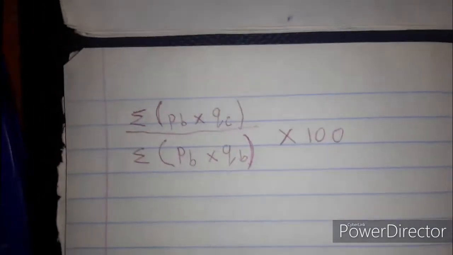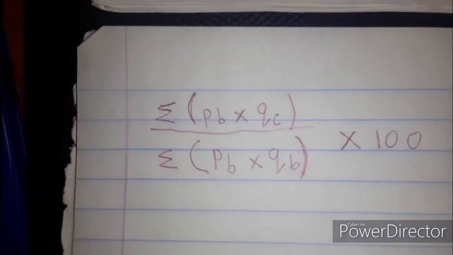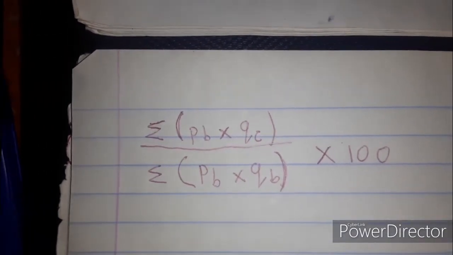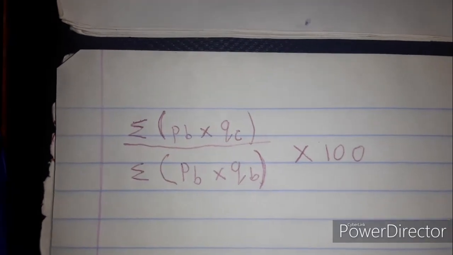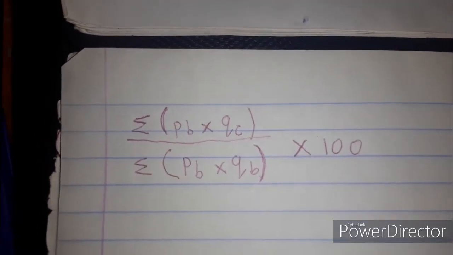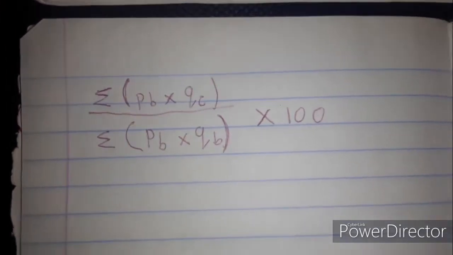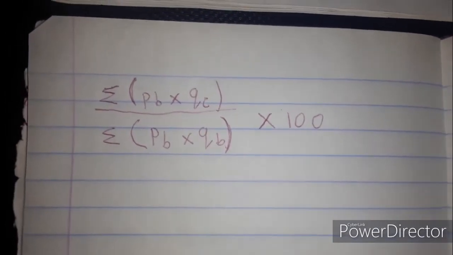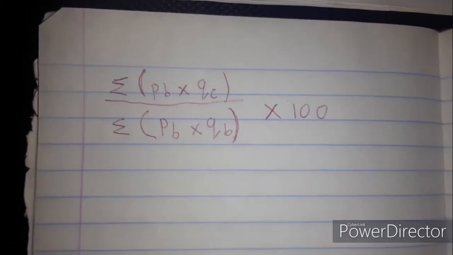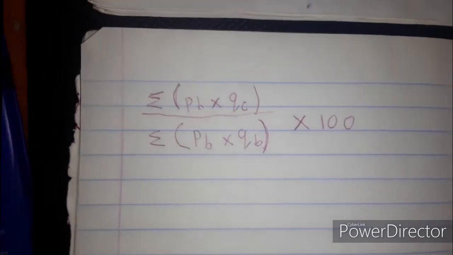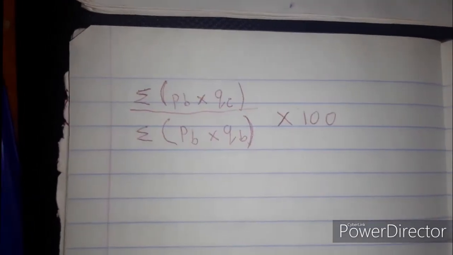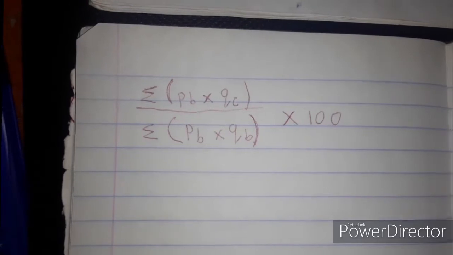So what I'm going to do, I'm going to calculate the Paasche quantity index and also calculate the Paasche price index, so that you can see the difference, because the formulas are quite similar, but there are small differences.